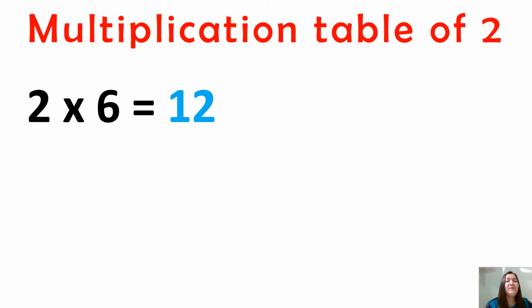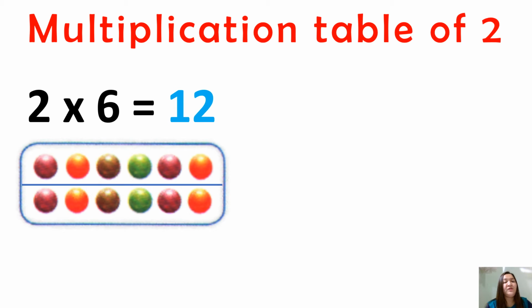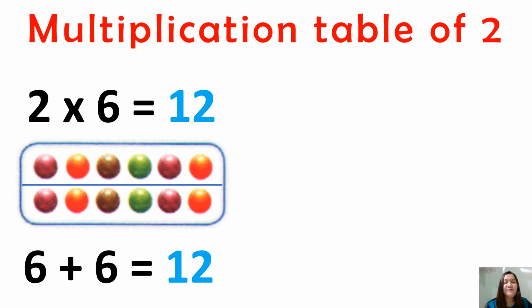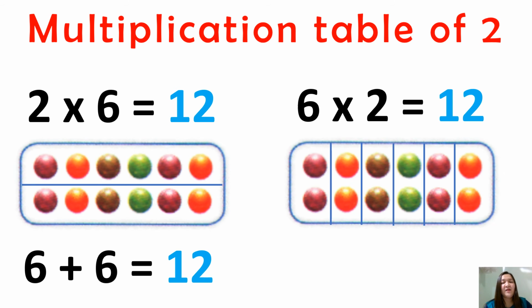So 2 multiplied by 6 is 12. So this means we have how many groups of 6 balls? Very good. 2 groups. And how do we write this in addition form? 6 plus 6 is equal to 12. Next, 6 multiplied by 2 is equal to 12.